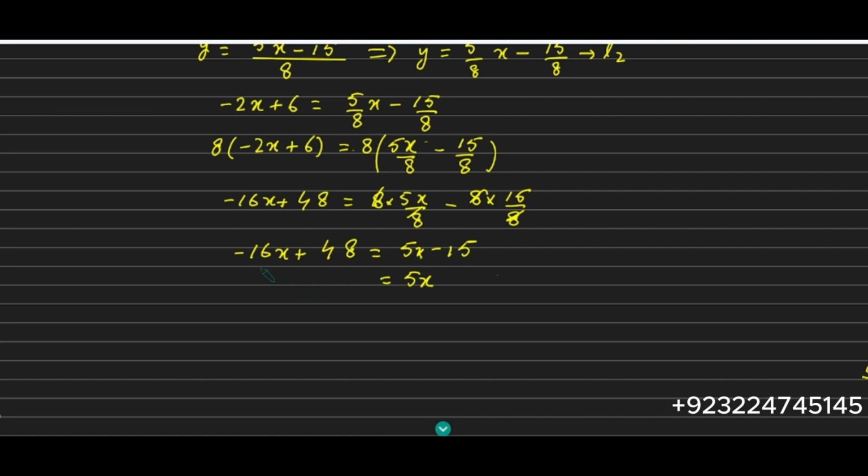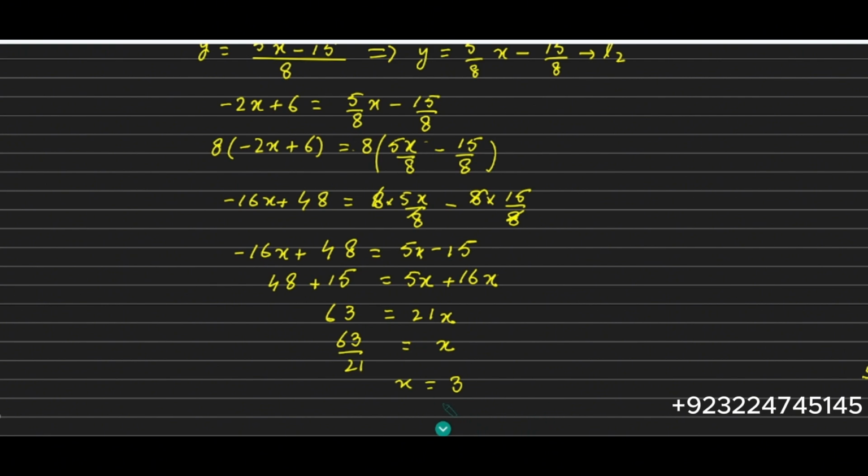We interchange values: minus 16x to the right side becomes plus 16x, and minus 15 to the left side becomes plus 15. Here is 21x and this is 63. We get the value of x will be 63 divided by 21. We get x equal to 3.